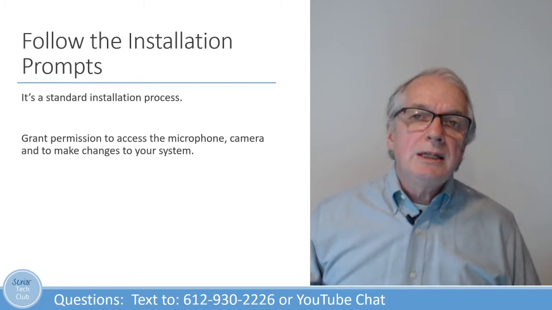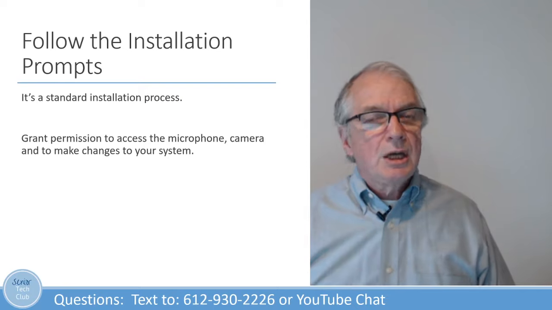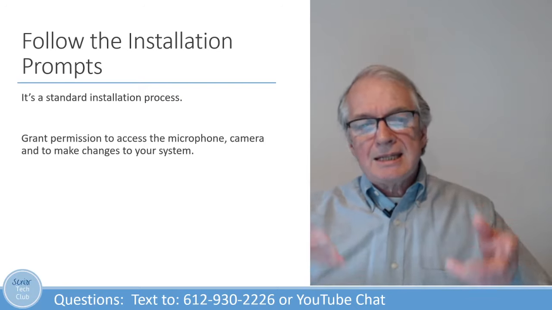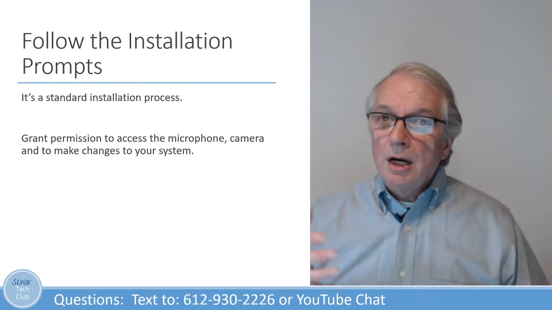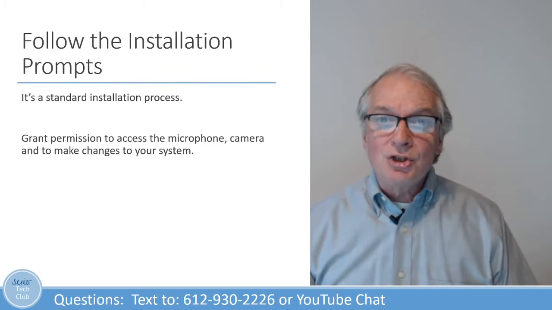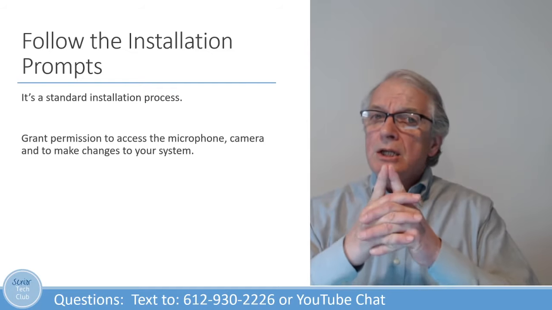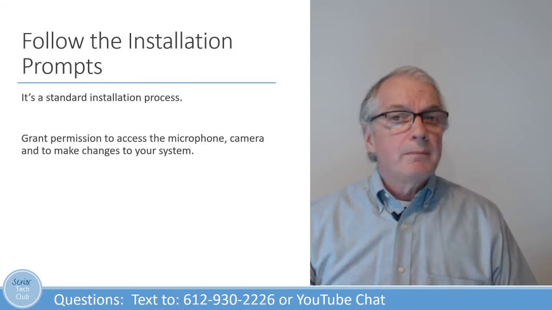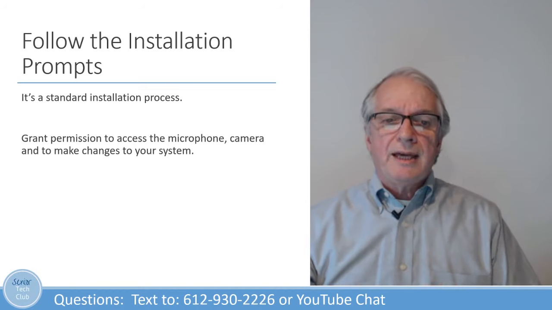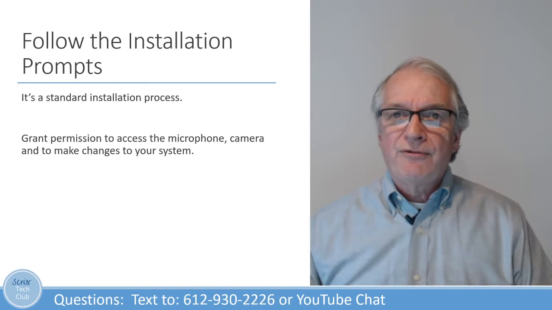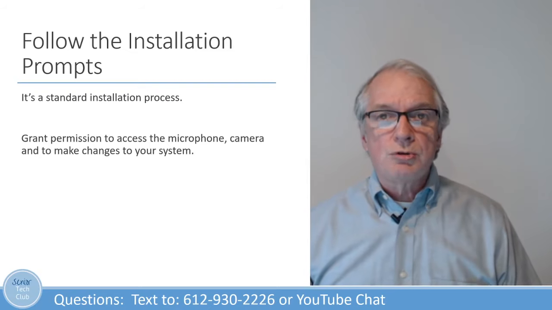All right, so in either case, whether you're doing this on a computer or on a device, you then will see a standard installation process, very similar to other apps or software that you would install on your system. Because you know what's happening, you can approve and grant permission for that app to access your microphone, access your camera, and to make the necessary changes to your system.